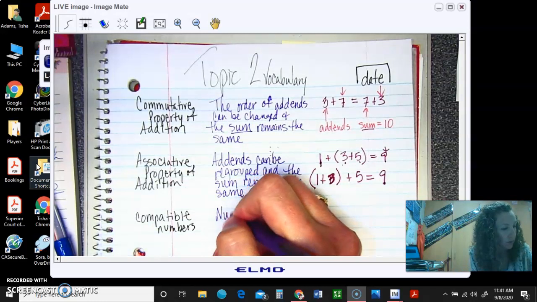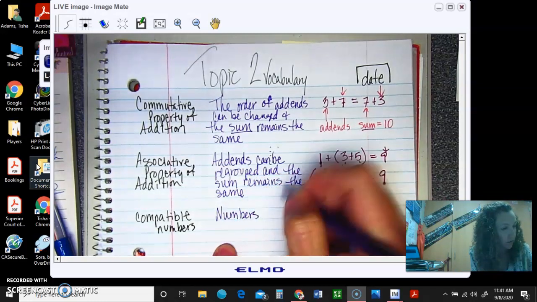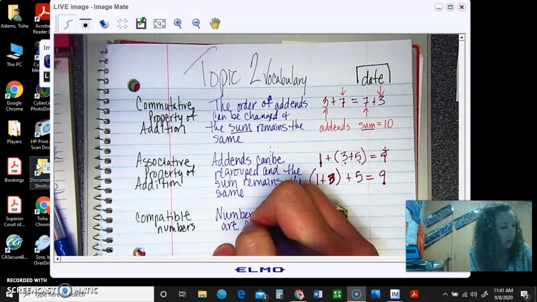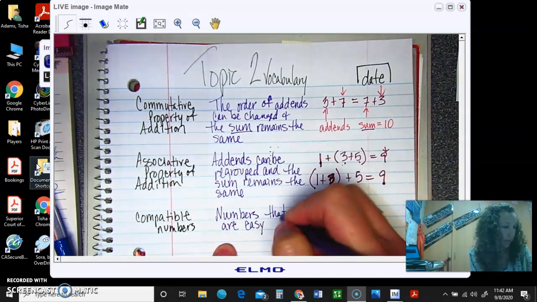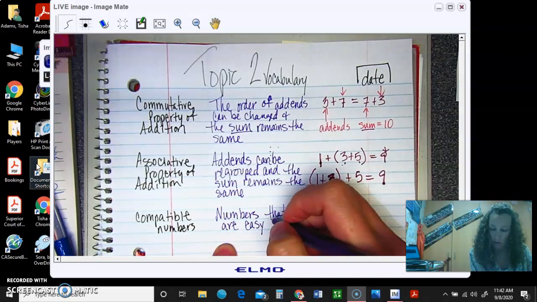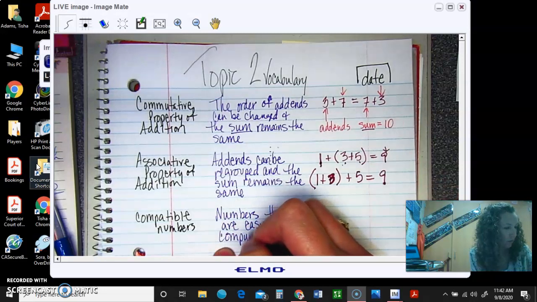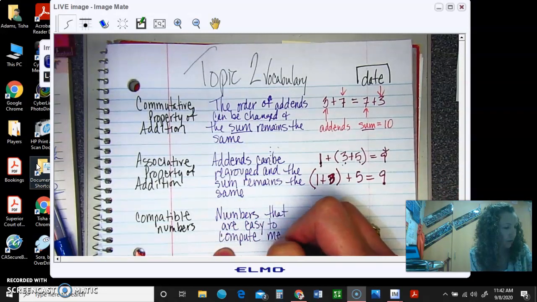So, numbers that are easy to compute mentally.